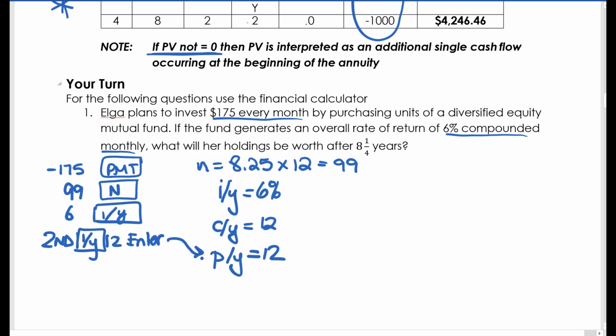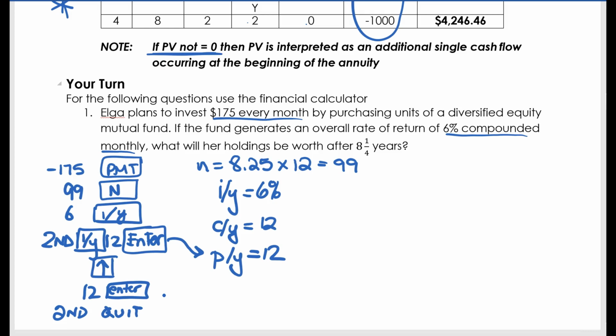So second IY brings up PY, and you put 12 and then enter, and then you do the up arrow, and that brings you to CY, and then you do 12, enter, and then second, quit. So now you've entered your IY, your PY and CY.